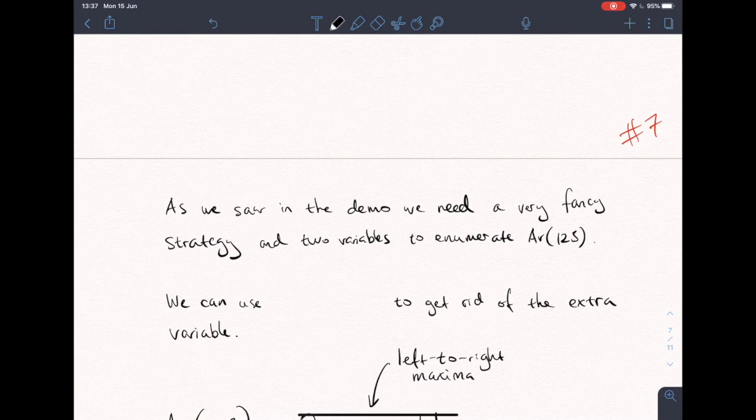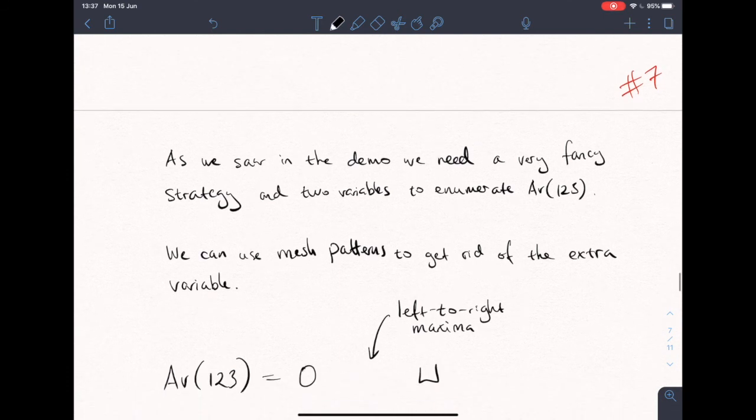As with much of the problems in life, we can use mesh patterns to solve them. Well, at least we can use mesh patterns to get rid of the extra variable we had to use in enumerating AV123. So what we do here is we take our set, AV123, and split it into a disjoint union.